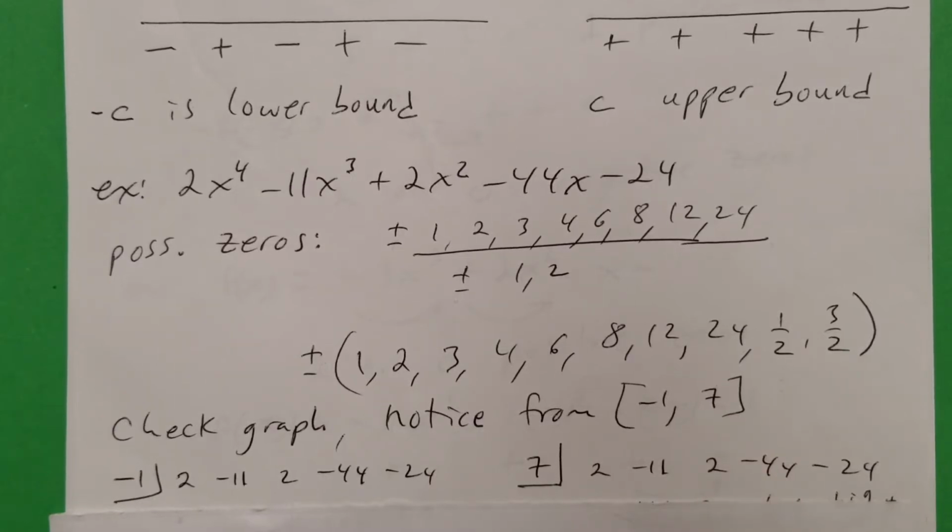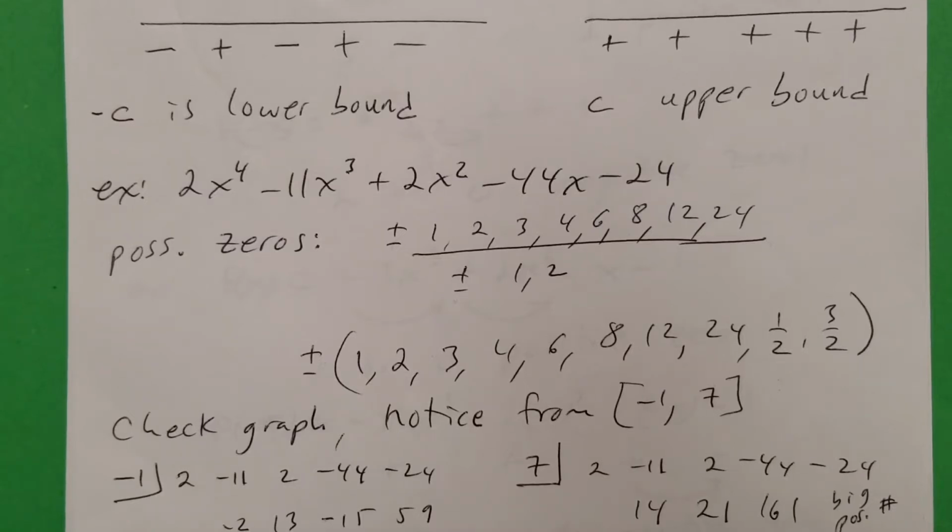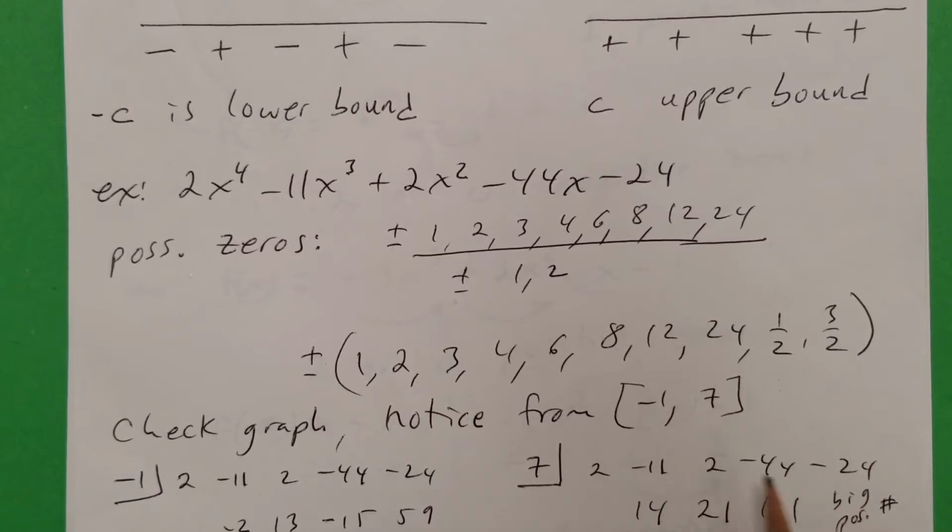So we plug in -1 and we do synthetic division, get all these answers, and you say, hey, look, it alternates. Positive, negative, positive, negative, positive. How about here? You do the synthetic division with the 7, and you get 2, 3, 20, oh, look, all positive. Right?